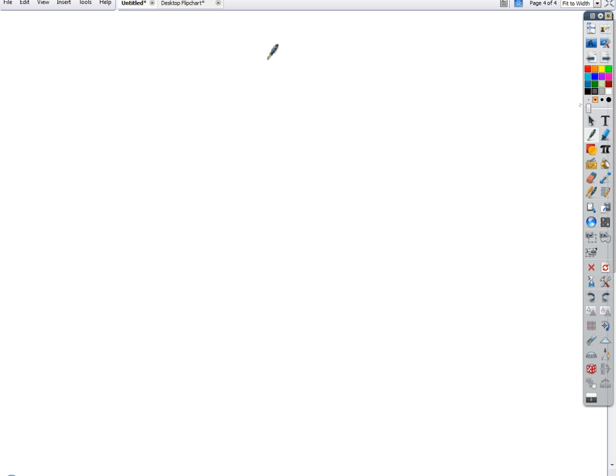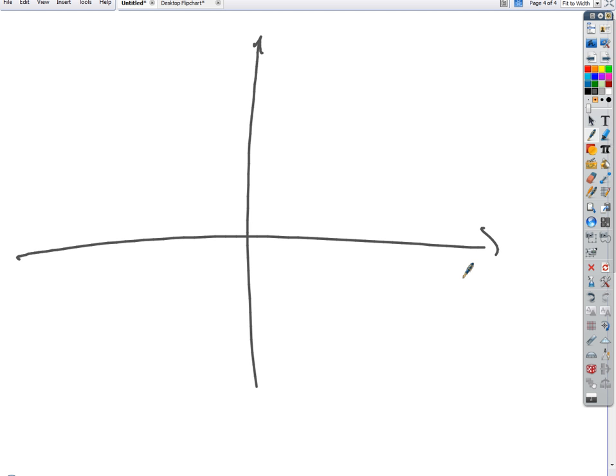Let's work backwards this time. I'm going to draw the graph, and I want you to write down what the function is. Take a second. We need scratch paper. Try writing this down.